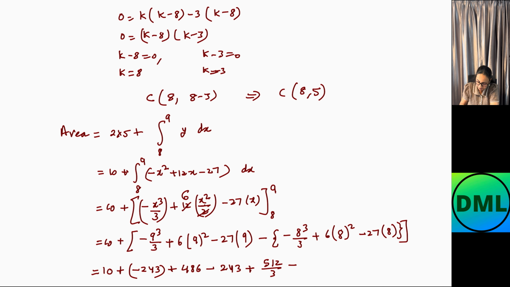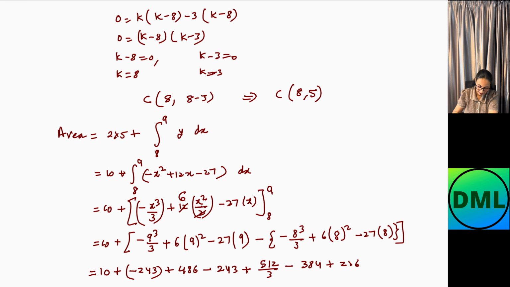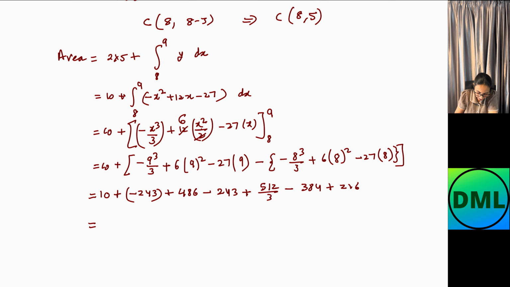This will be negative. 8 square times 6 is 384. Minus minus plus, 27 times 8 is 216. Let's simplify this here. This will be written as 10 minus 243 plus 486 minus 243 plus 512 by 3 minus 384 plus 216.